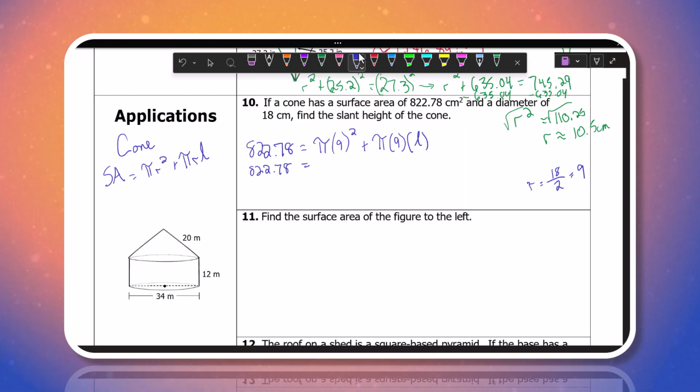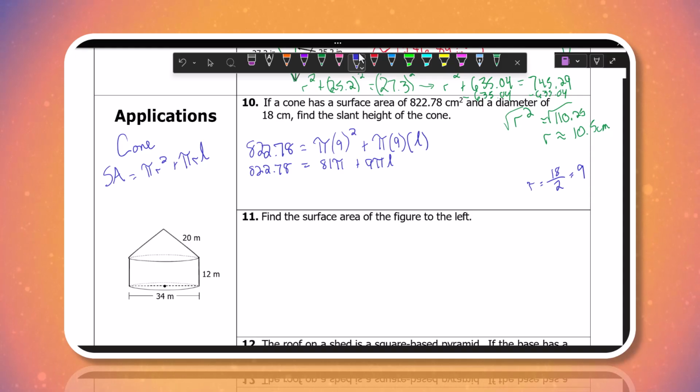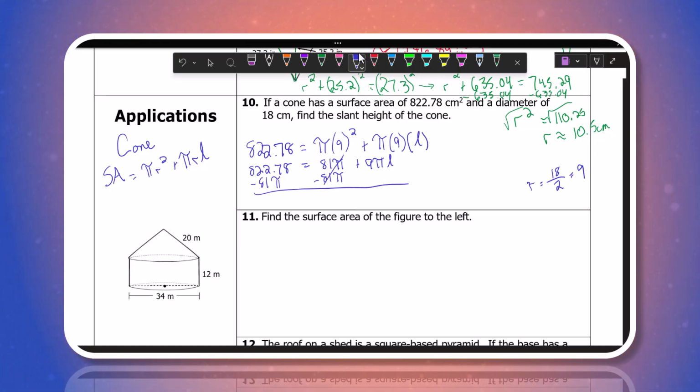So we'll just square the 9. That's all we can do there. We'll subtract 81 pi. Those cancel out.